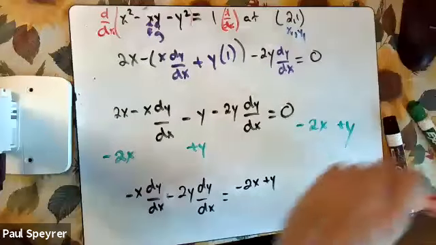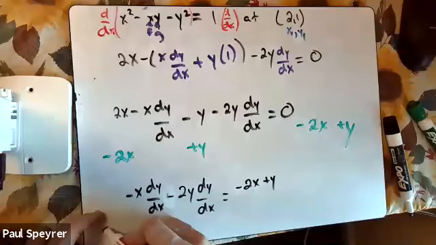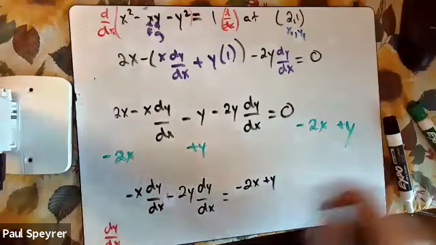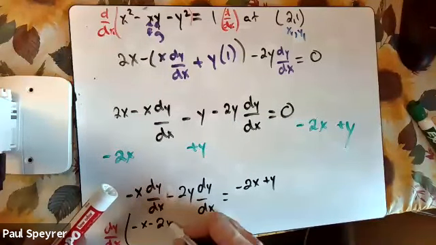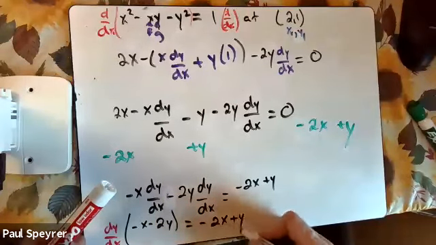And then from here, right, you take out this GCF of dy dx. That leaves us with negative x minus 2y. That's equal to negative 2x plus y.